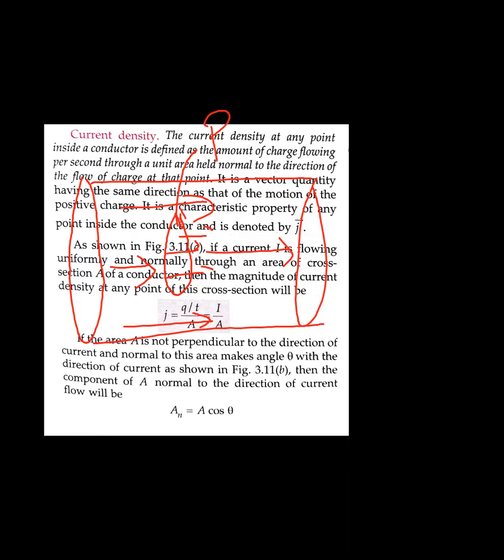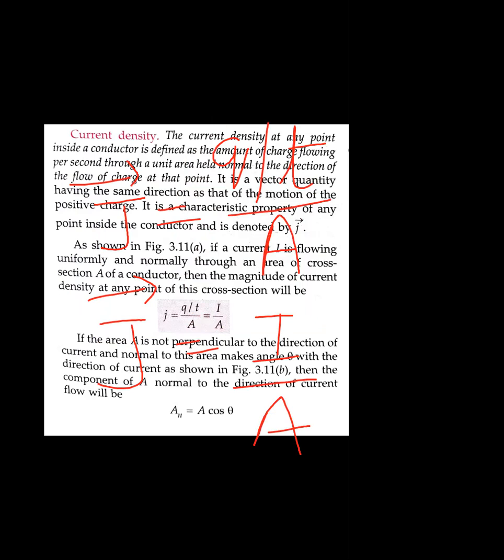So the current density will be given by J, charge flowing per unit time upon area. So J equals I by A, right?